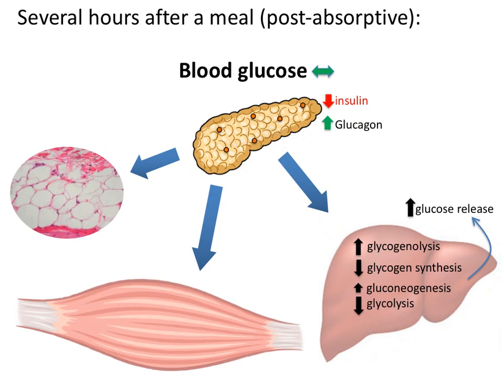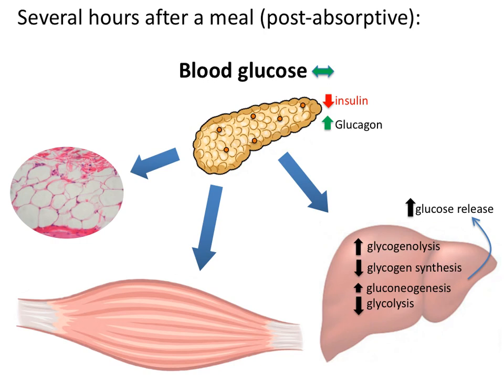Several hours after a meal, after most of the nutrients have been absorbed from the intestines, it's called the post-absorptive state. Blood glucose levels return to their normal level, usually somewhere between 80 and 100 mg per deciliter. Insulin levels drop down to their normal basal level, and glucagon starts to be released from the pancreatic alpha cells.